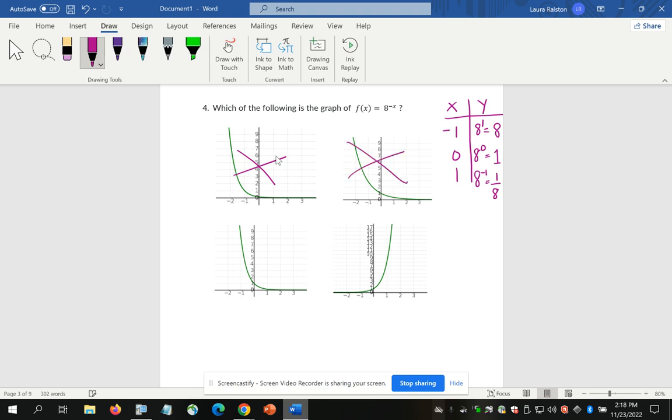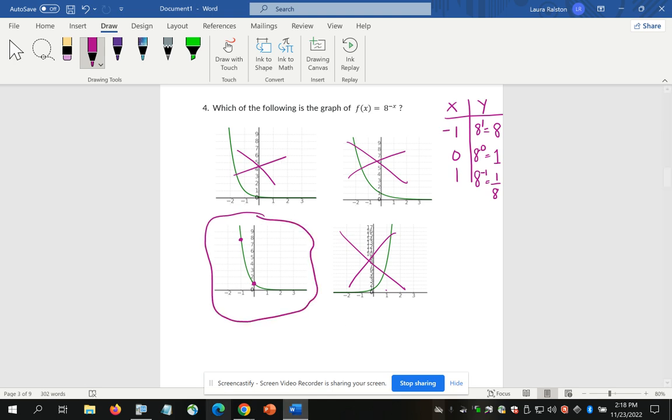That one doesn't seem to have it. Let's see, -1/8, and I have 0, 1. So that looks like a keeper. Here I have 1, +1, and I should be at 1/8, which is going to be somewhere down here. So it's not this one. So in this case, I would choose this one.